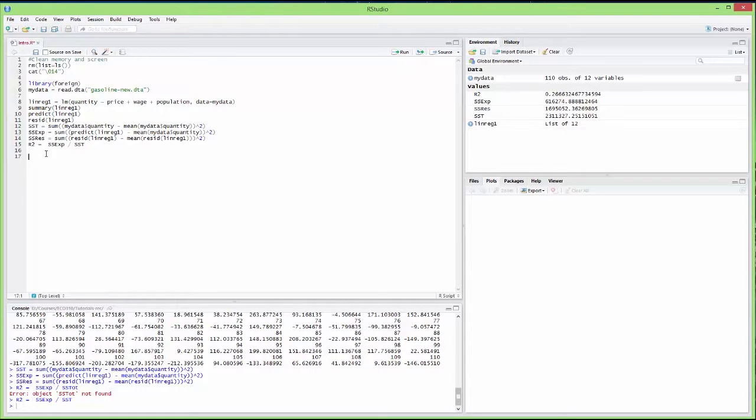If I want to test more than just one coefficient, so I had the p-values for price effect, wage effect, and population effect, maybe I want to jointly test two of these variables. In that case, I'm going to run another linear regression. I'm going to call it linreg2, and I'm going to just copy the first command, but remove wage and population. So we are going to regress only quantity on price.